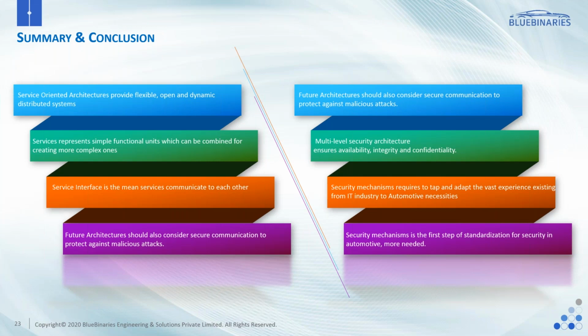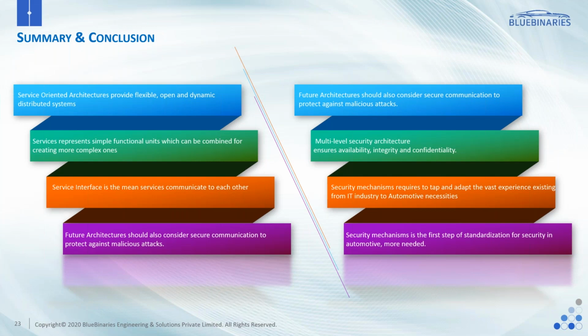It also simplifies the functional units, which can be contributed to create multiple complex functions. So you can have distributed services. Service interface is a main part. You have standard interfaces which can be used for these services.